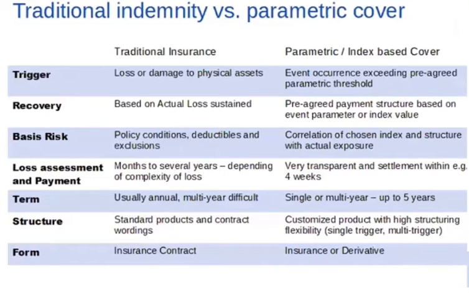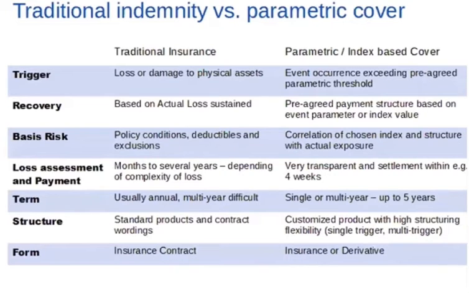Loss assessment. Now, loss assessment for, let's say, a forest fire using traditional insurance takes months to do. You go down, you see how the trees were burnt, you'll see which trees are salvageable, you'll see which part of the tree was burnt, and so on and so forth, right? And if it's a large area, it's even more taxing. It takes months to actually sort out how much was burnt, whether this was burnt on purpose, whether it was burnt by accident, and so on and so forth.